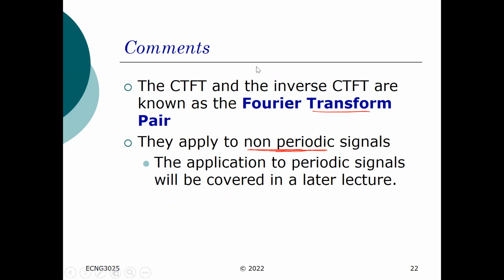We started off by saying the Fourier series applies to periodic signals. So we've started a little bit of an evolution here. We have a continuous time signal, right? We have the Fourier series, right? And then if the period of the signal starts to go to infinity, we go from here to the Fourier transform.